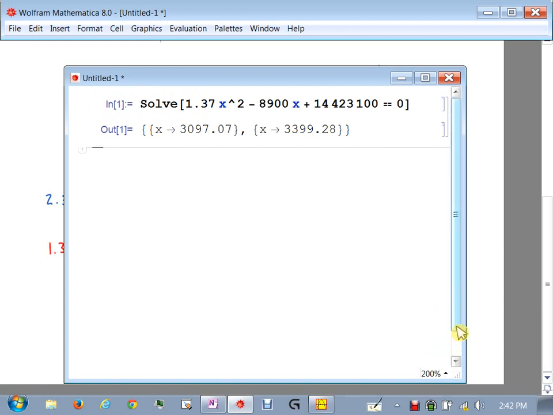If all the little subtleties were done correctly, I'm getting 2 solutions, which I should get for a quadratic, right? Do they live in our interval? One of them does, right? One of them does. The other one does not. So that means I would want my x to be 3,097 feet. And that would give me the least cost.